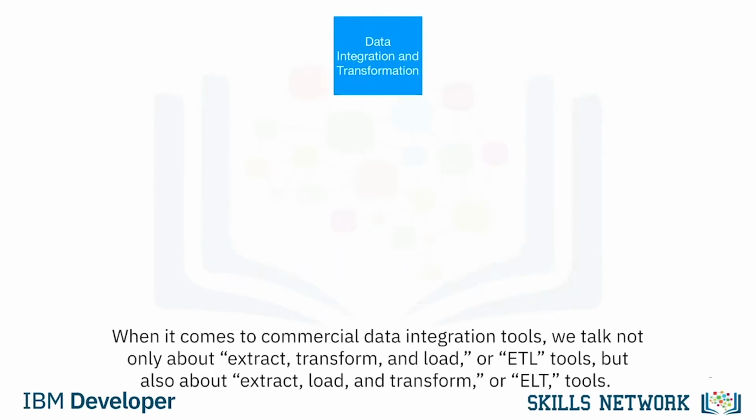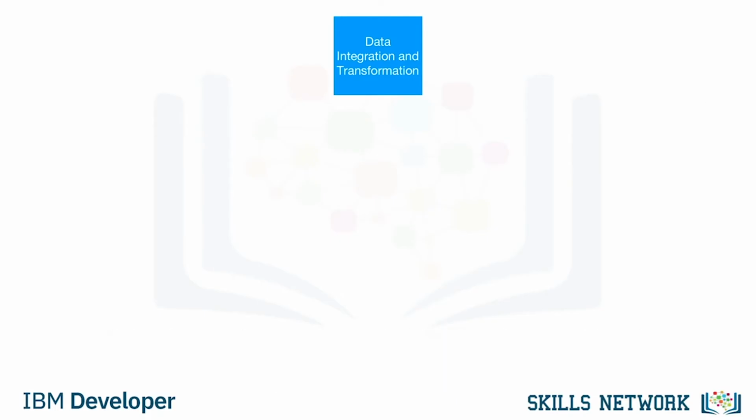When it comes to commercial data integration tools, we talk not only about extract, transform, and load, or ETL tools, but also about extract, load, and transform, or ELT tools. This means the transformation steps are not done by a data integration team, but are pushed towards the domain of the data scientist or data engineer.